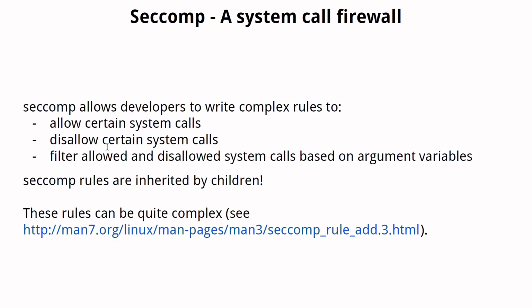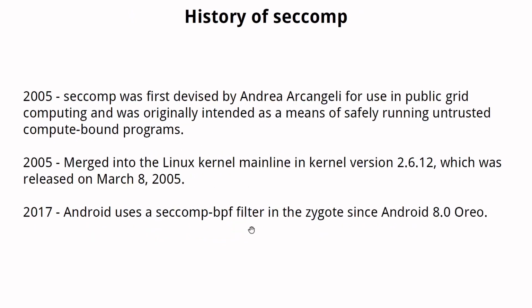Then at the system call level, this allows developers to write rules, complex rules, to allow certain system calls and disallow certain system calls. And the rules are complicated. If you want to learn more, you can go here. I will just show you some simple examples.